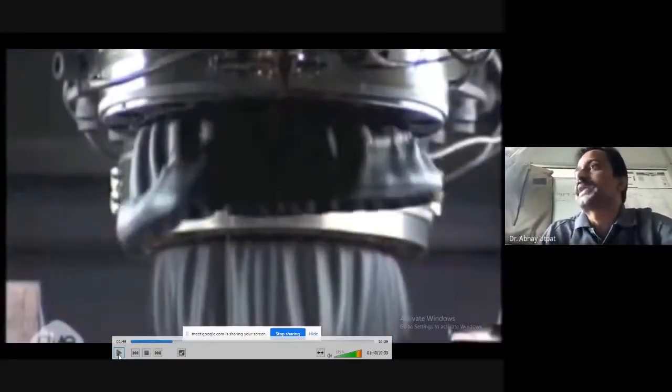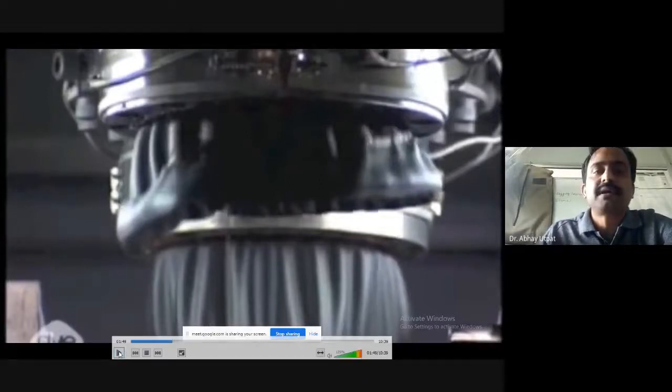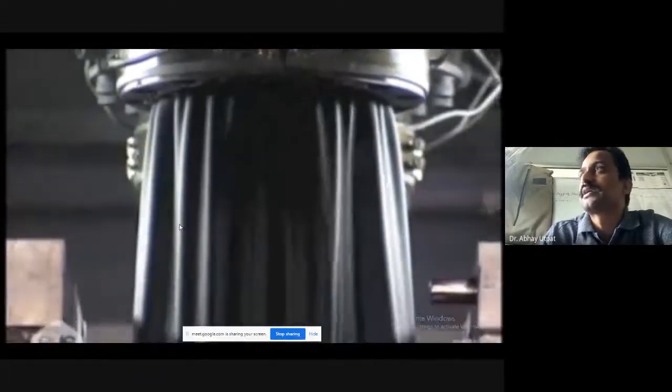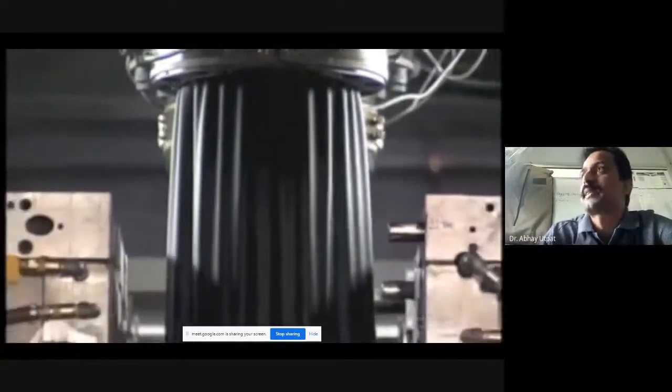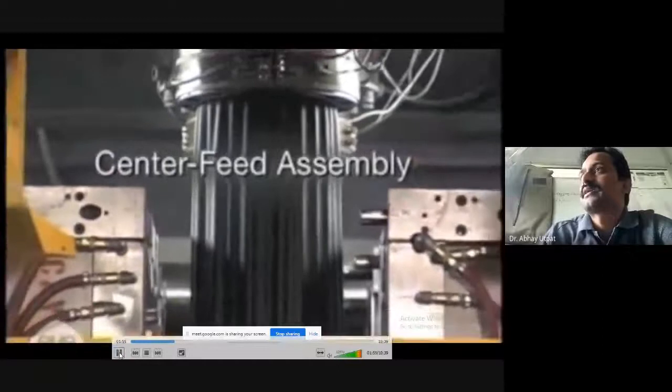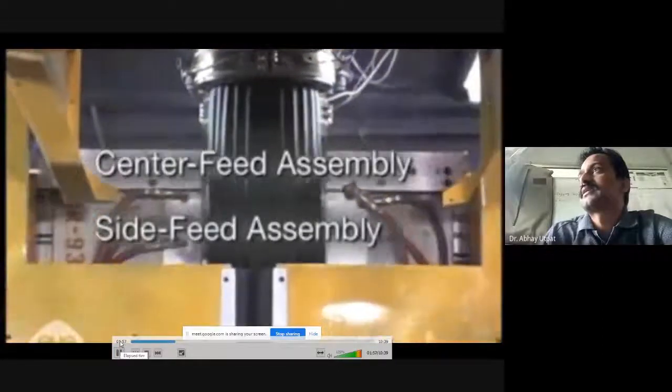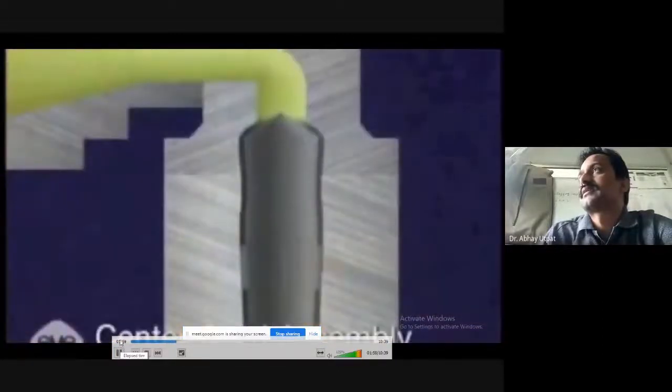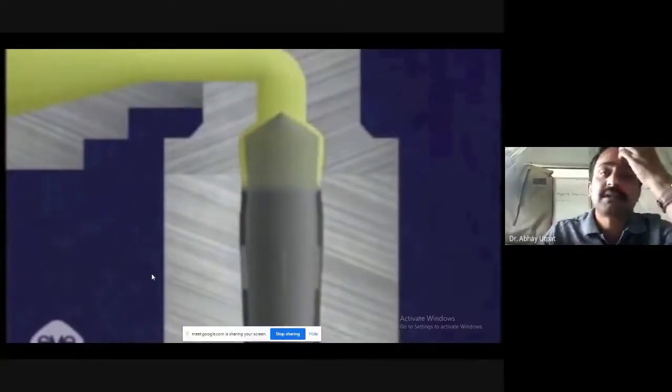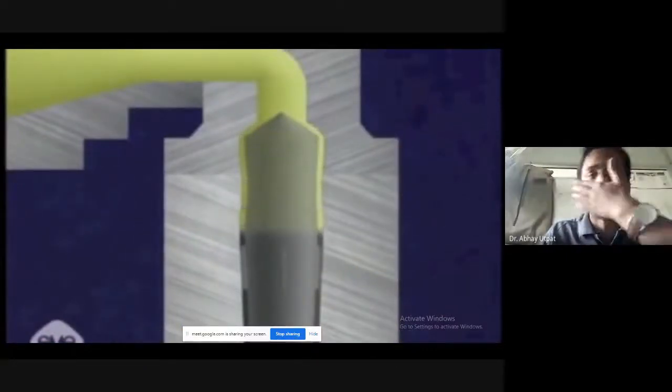See, this parison is coming out. I hope you are observing carefully. This is the parison which is being extruded. It is two layered. See, this is the complete parison. This is extrusion blow molding.